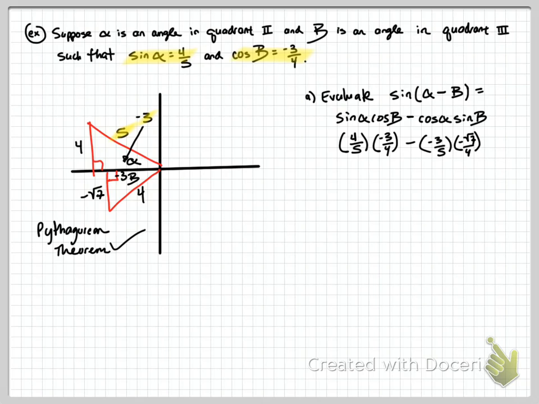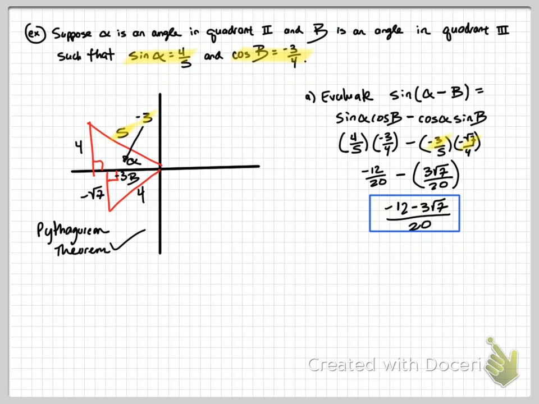Now you gotta be really careful with the signs here. So we can multiply across, we get negative 12 over 20, minus, now we're going to multiply these two together. Just keep this in parentheses: negative 3 times negative rad 7 is positive 3 rad 7, all over 20. We get 12 minus 3 rad 7, all over 20. Boom. That's that solution.